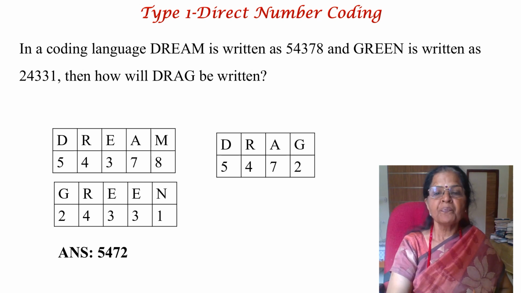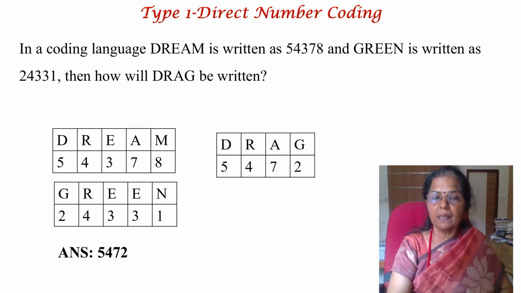Remember the rule? For this first type, the direct type of coding, you need not draw that table for the alphabets. Directly the code is given. Look at the first illustration for type 1.